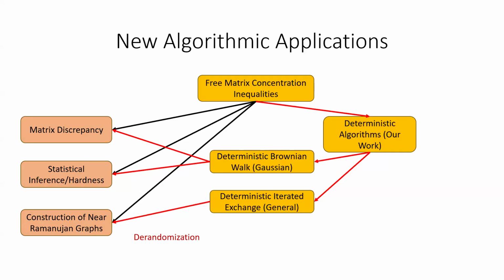By de-randomizing their concentration inequalities, we can get deterministic algorithms for all of these applications. And moreover, in our paper, we actually give two algorithms. The first one, called the deterministic Brownian walk algorithm, is for de-randomizing those Gaussian inequalities from BBVH. And the second one, called the deterministic iterated exchange algorithm, is for the non-Gaussian setting. So overall, it's a very nice tool bag that we can now use.